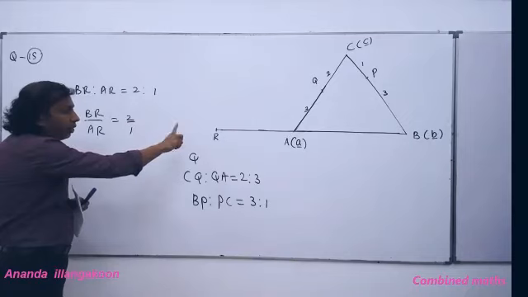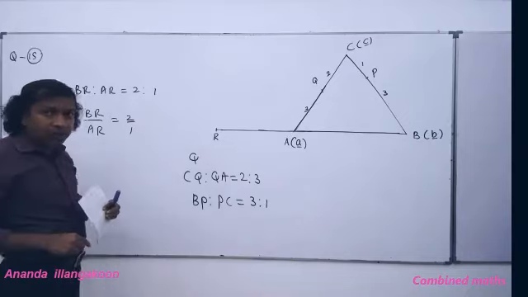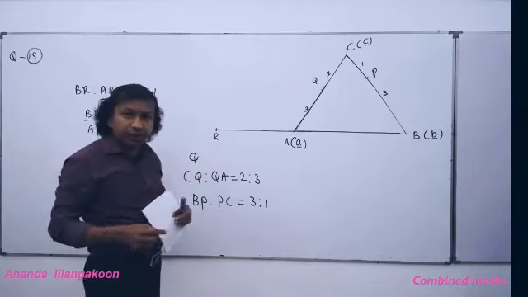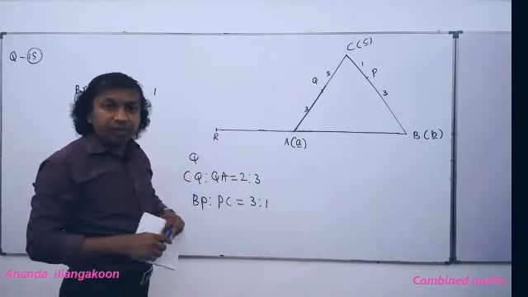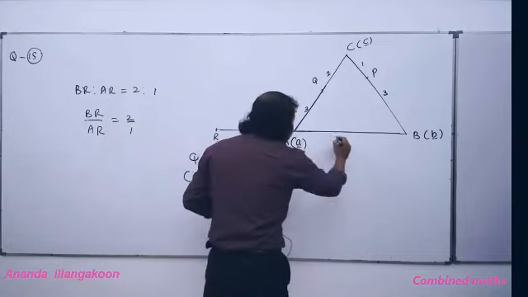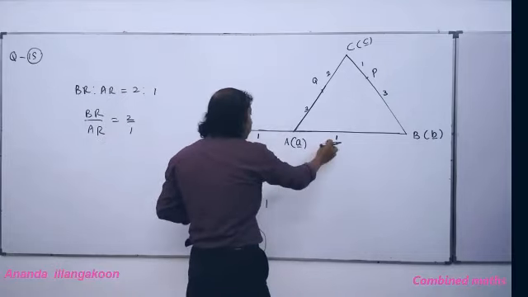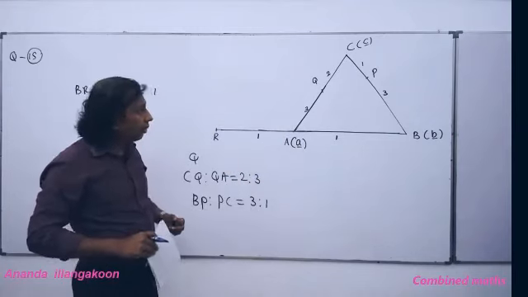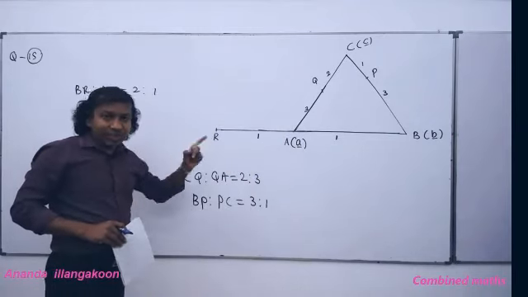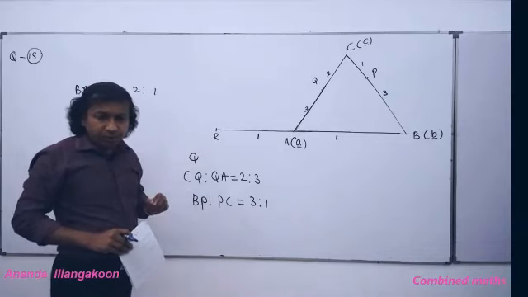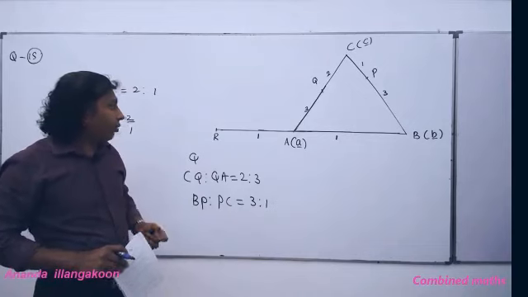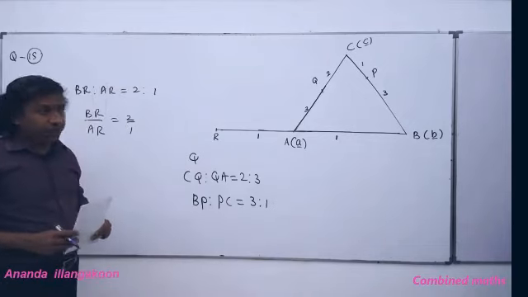That means A should be the midpoint. So BA to AR ratio is 1:1. Why? BA length and AR length are equal, so the ratio is 1:1. Understood? Right. That is how we understand the given information.